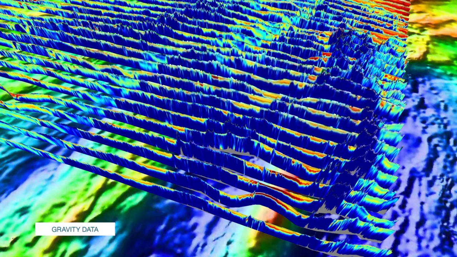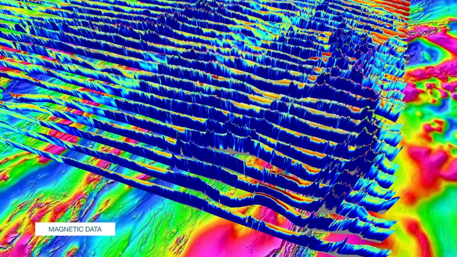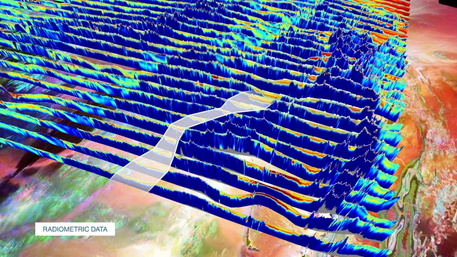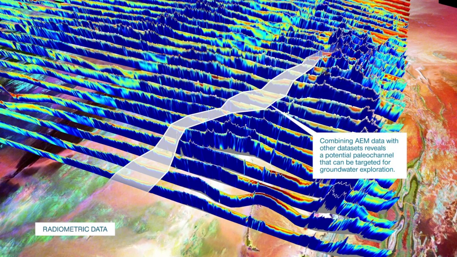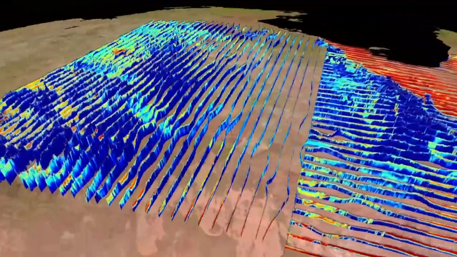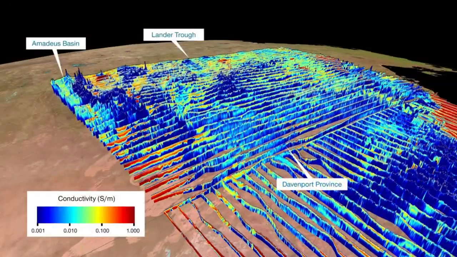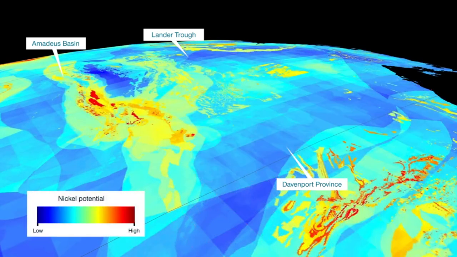When integrated with other data sets, it can reveal the location of potential mineral formations and map groundwater resources that can support communities, industries, and the environment. The results show conductive units that could indicate the presence of mineral deposits, such as nickel and other commodities.